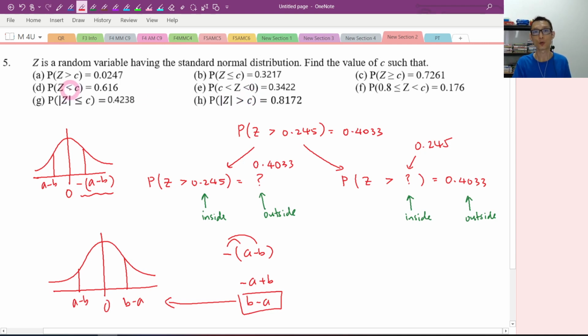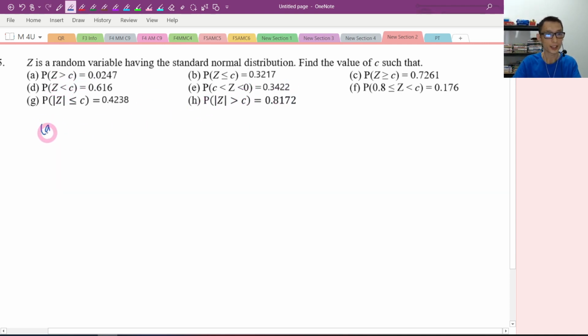Okay, let's go to part A. Given that the probability for Z greater than C is equal to 0.0247, we want to find the value of C here. Now try to sketch a diagram.